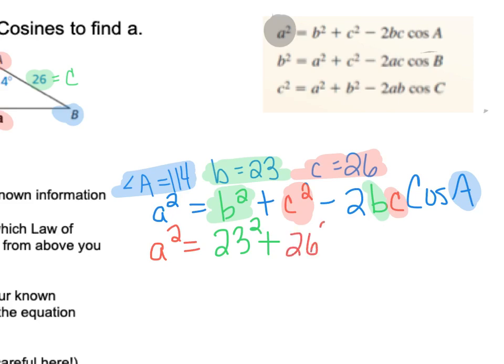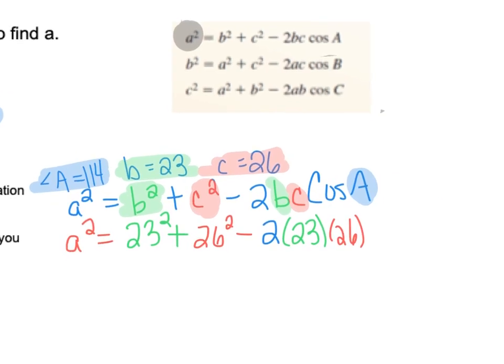So I'm going to have 26 squared minus 2 times b, which is 23, times c, which is 26, times the cosine of A. And the cosine of A is the cosine of angle A, which is 114 degrees. So as you can see here, all I have done is substituted in. You can actually put this into your calculator exactly as it's written.